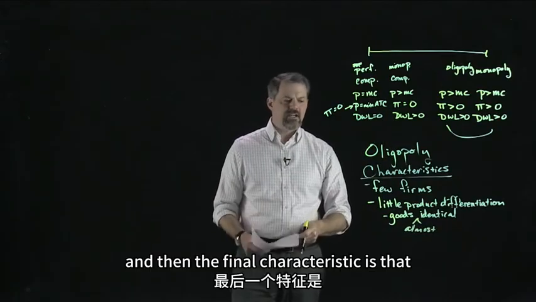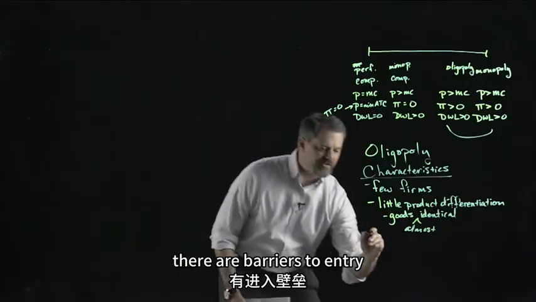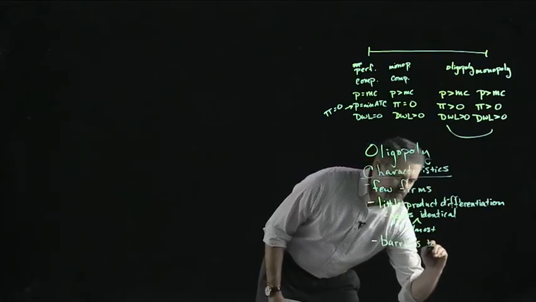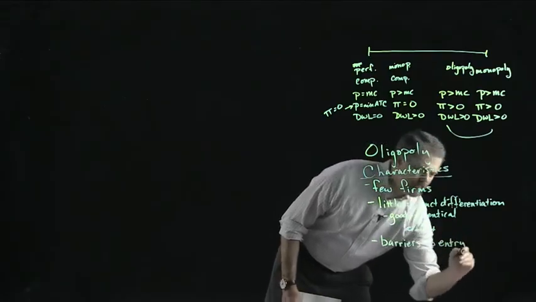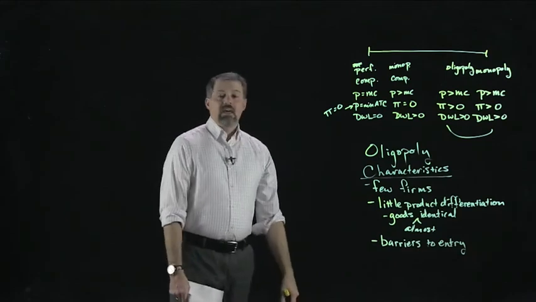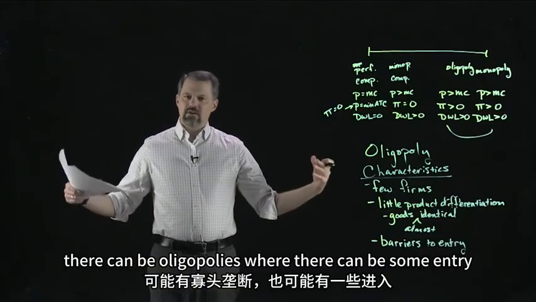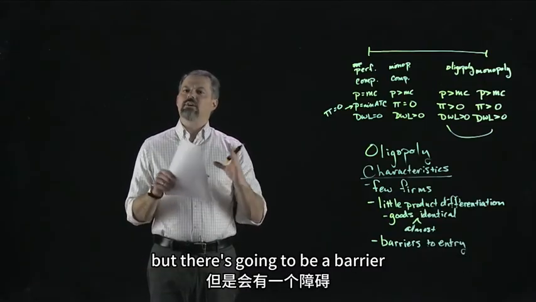And then the final characteristic is that there are barriers to entry. They will not be strict barriers to entry. There can be oligopolies where there can be some entry, but there's going to be a barrier.